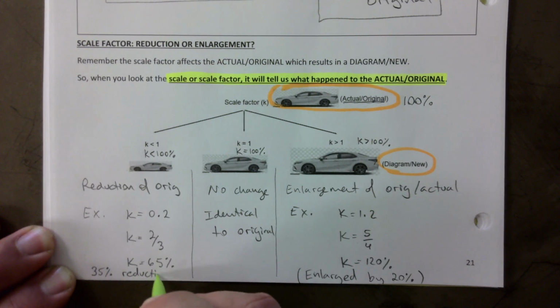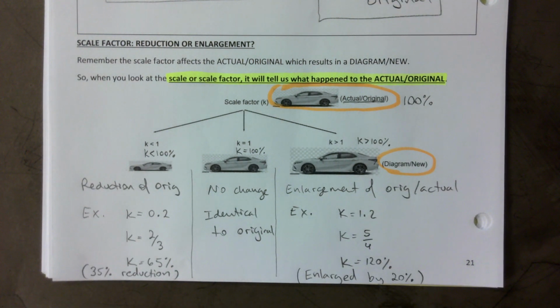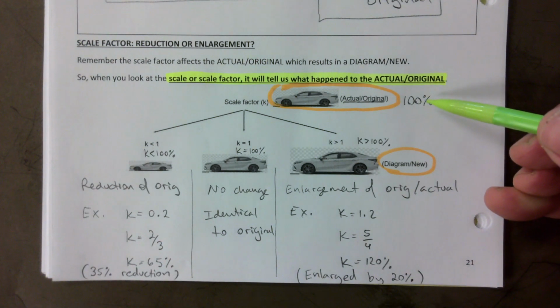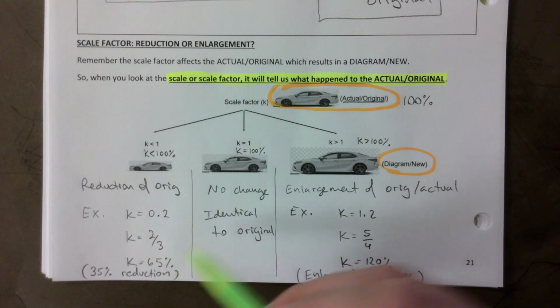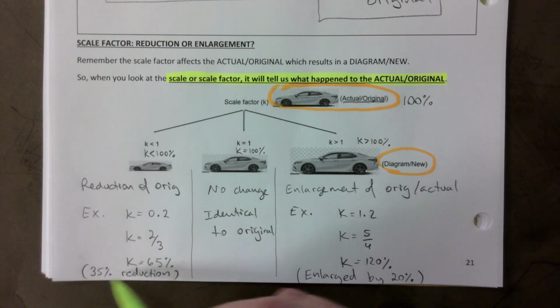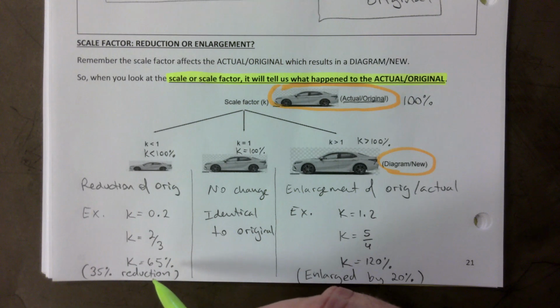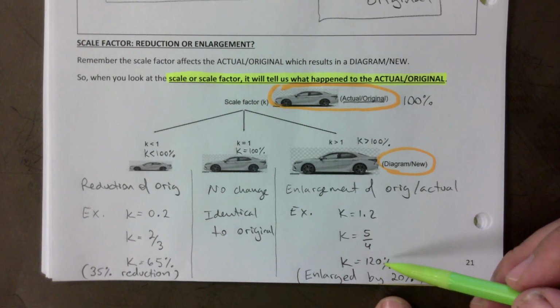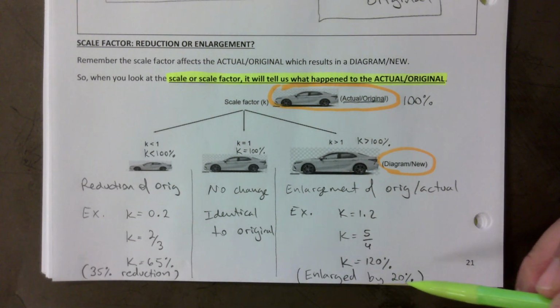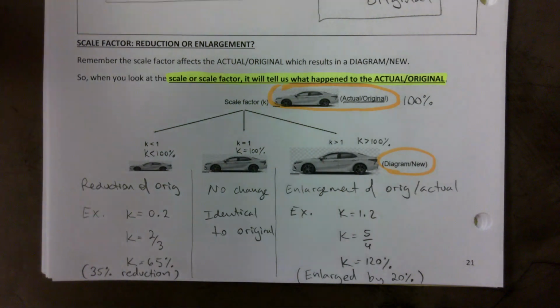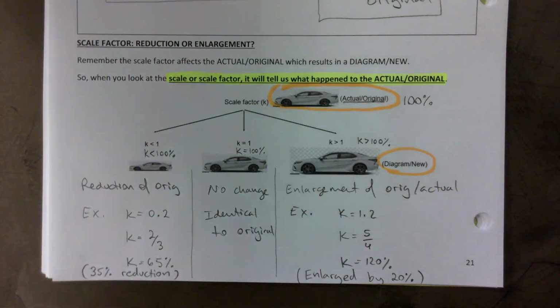Make sure, because then when you review this, you will know right away. So it's always based on the 100% starting point. And so when you calculate, it's like, oh, I'm going to subtract 100 minus 65, so there was a 35% reduction. And when it's over 100, it's usually easy to tell right away. We know it's 20% in this case. But it's always with respect to 100%.